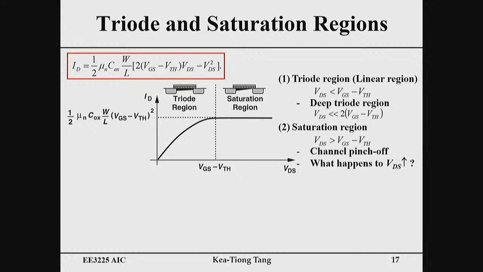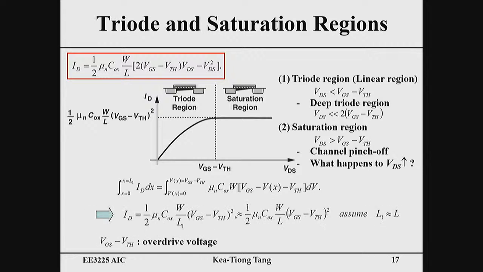And because we assume that after pinch off, if we keep increasing the drain voltage, the integral of this will change a little. So from 0 to L, it will change to 0 to L1. Anyway, the result of the integral will be 1/2 mobility times C oxide W over L1, times VGS minus VT squared.